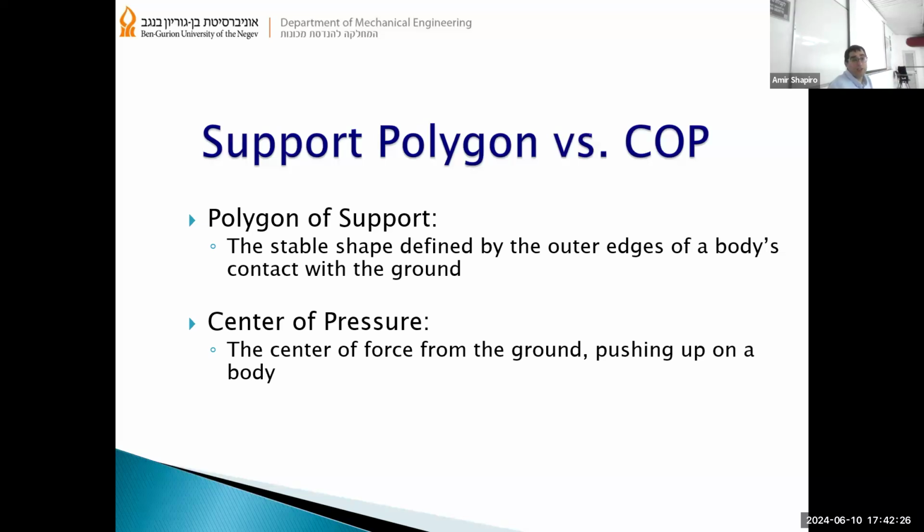Center of pressure is kind of similar. If I take the reaction force from all the legs and I combine them to a single force in a single position, then this position is the center of pressure, and the center of pressure also has to be inside the support polygon.